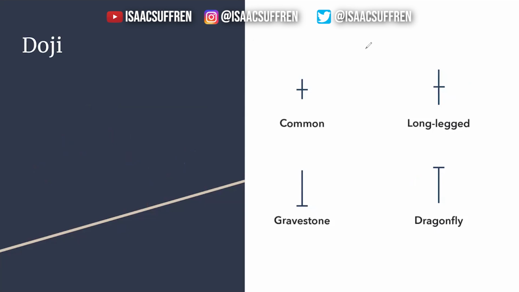But when you see dojis, it represents indecision. We're losing steam. Nobody's winning, or at least if we were going one direction, then that direction has lost a lot of its steam because it no longer has as much power as it did, or there's not enough fuel there to push them any higher.